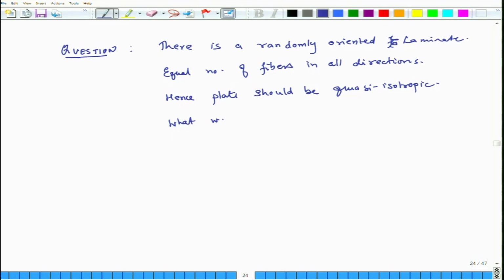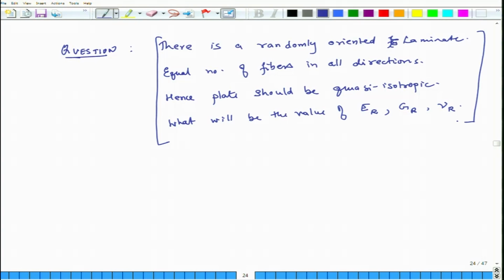What will be the value of ER? ER means Young's modulus for this randomly oriented plate; GR is the shear modulus for this plate which has randomly oriented fibers; and mu r is the Poisson ratio for this plate which has randomly oriented fibers. So, this is the question.